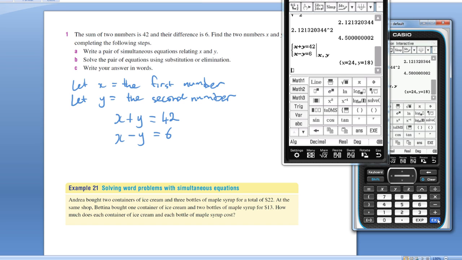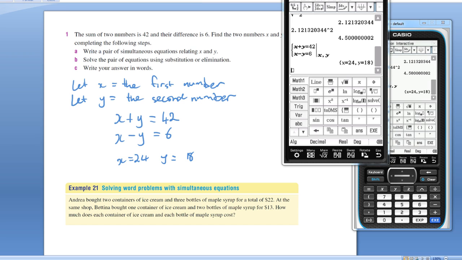It's telling us that the first number is 24, the second number is 18, so let's write that down in summary: x equals 24, y equals 18.